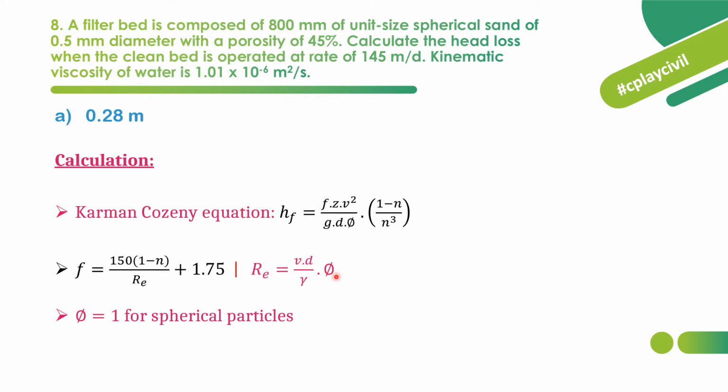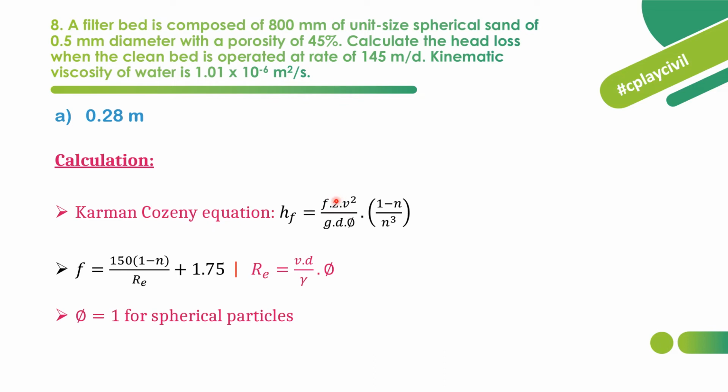Phi is the shape factor. Shape factor will be applicable in case of irregular size particles. Here they have clearly mentioned spherical sand. For spherical particles, shape factor will be 1. So V d by nu only will be the value for Reynolds number. That Reynolds number will be substituted here along with the porosity value, so that we can get the f value.